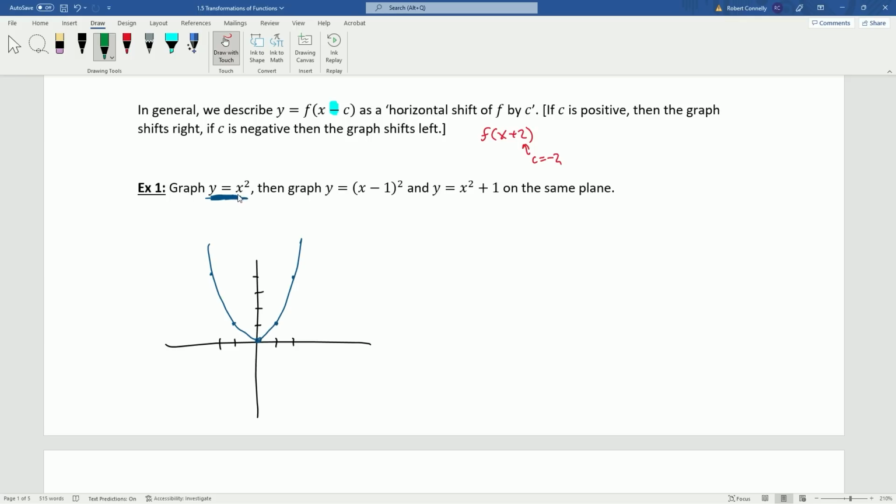Okay, so y equals (x minus 1) squared. Well, it looks like x squared, but my input was replaced with x minus 1. So if I set this equal to 0 and solve it, this tells me I shift right 1. So I'm just going to take every point and move it to the right by 1, just like I did for my table graph.